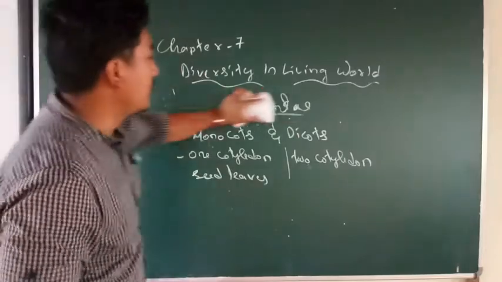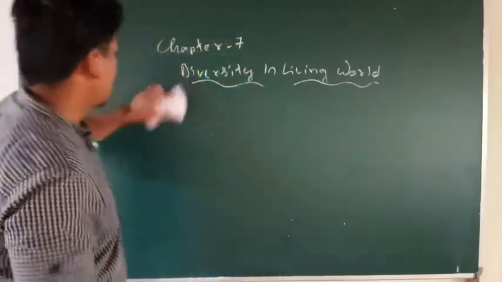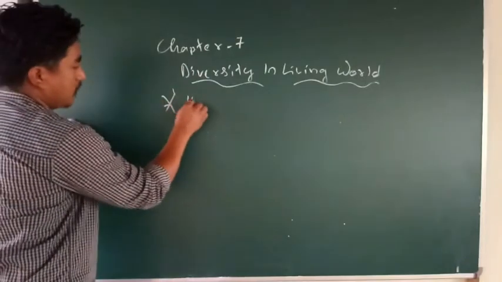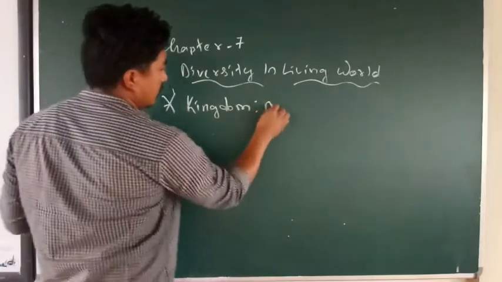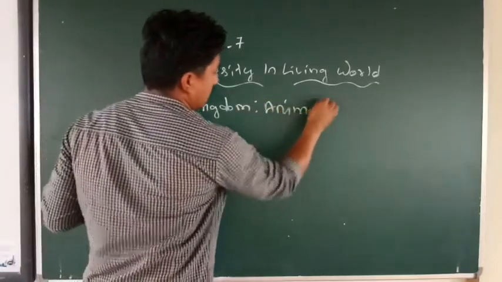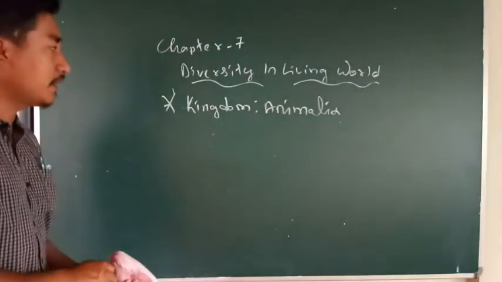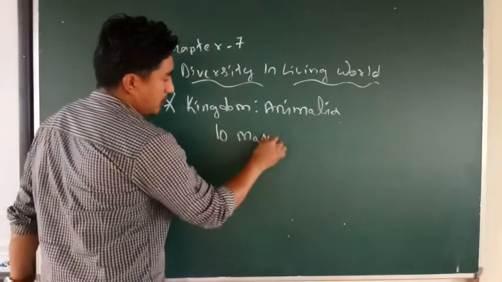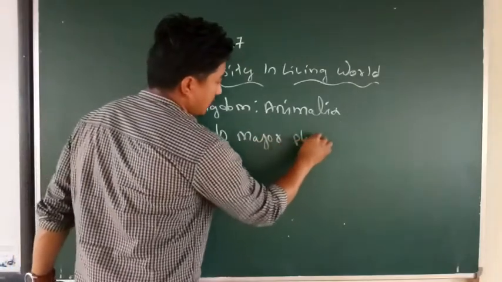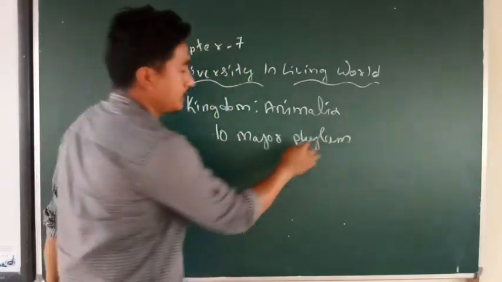Next we have kingdom Animalia. In kingdom Animalia we have 10 major phyla.